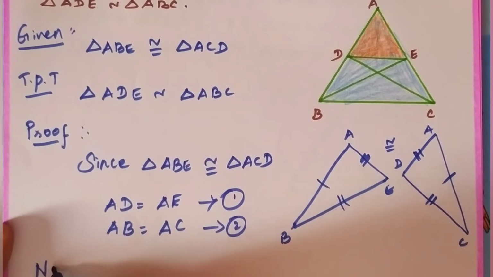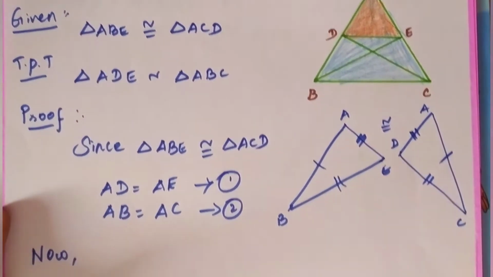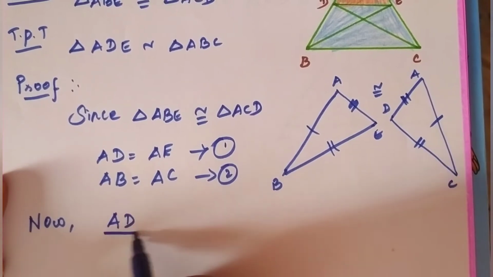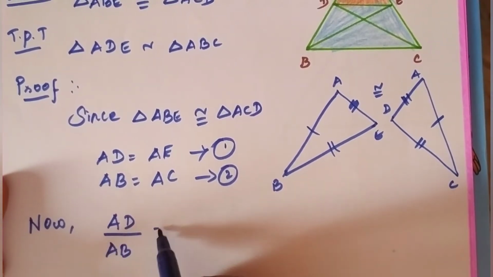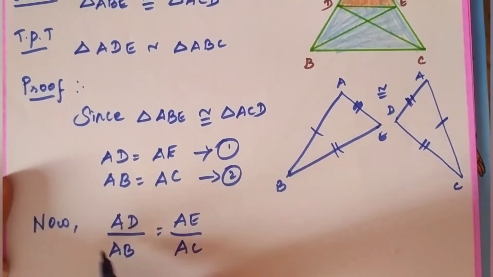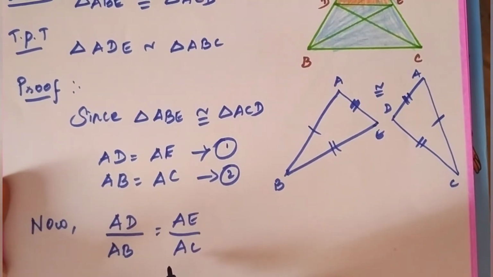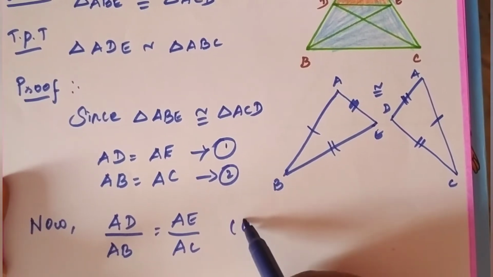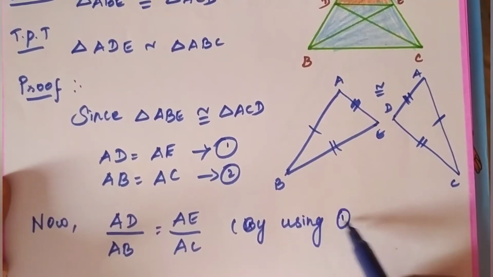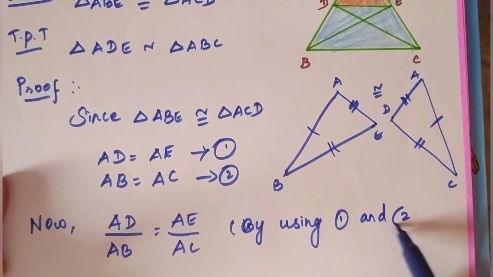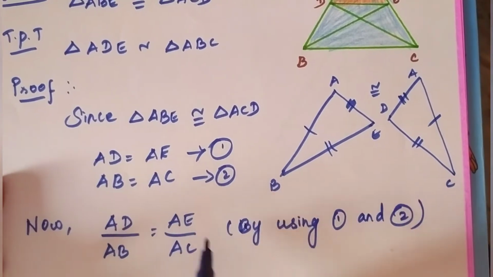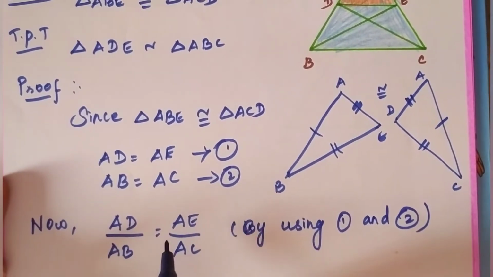Now, I am going to write that the corresponding sides are in the same ratio. Since all the sides are equal, by using 1 and 2, I can tell that the corresponding sides are in the same ratio.